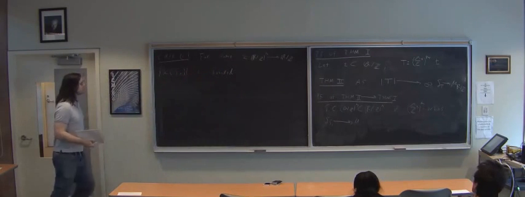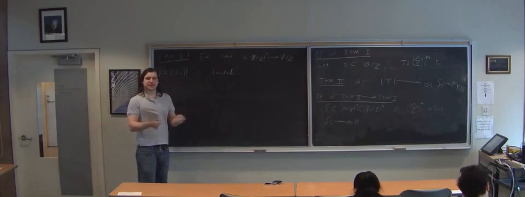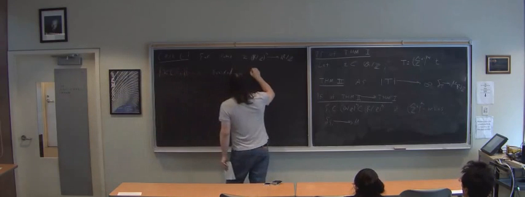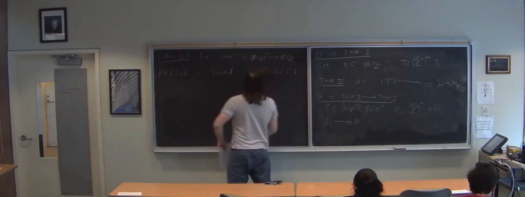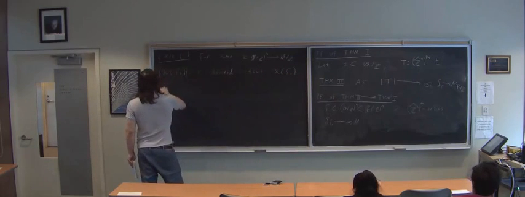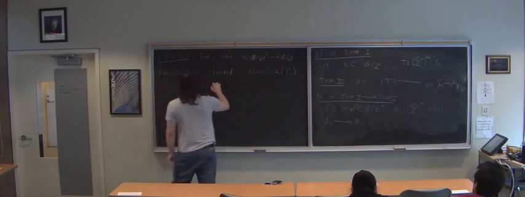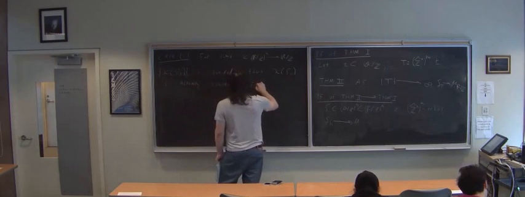But these sets equidistribute. So these are a sequence of finite sets, which means they eventually just have to be constant. There's no other choice. Thus, chi of S_i is actually constant for large enough i.